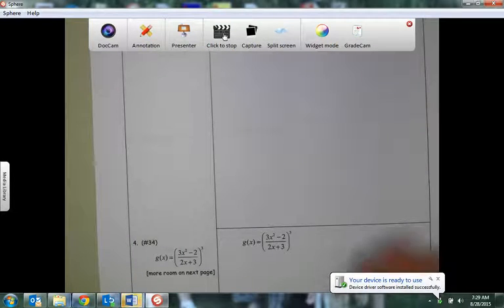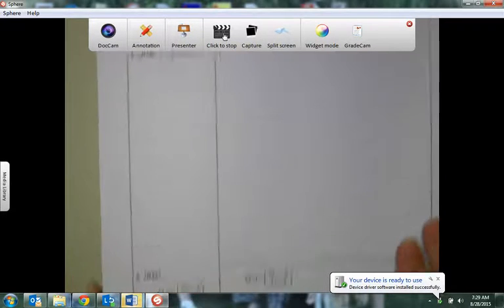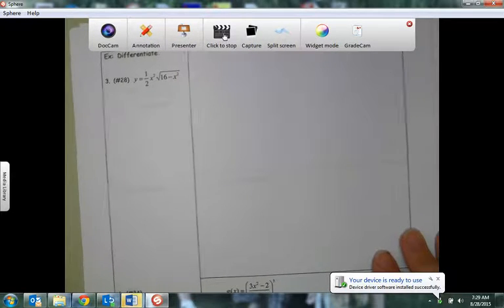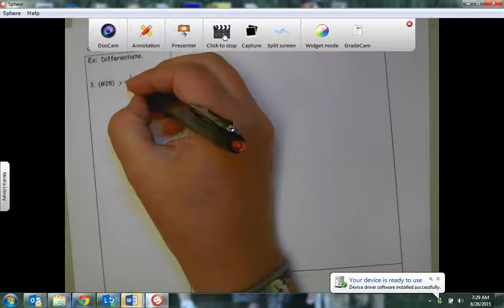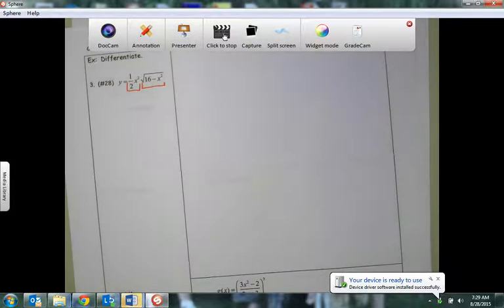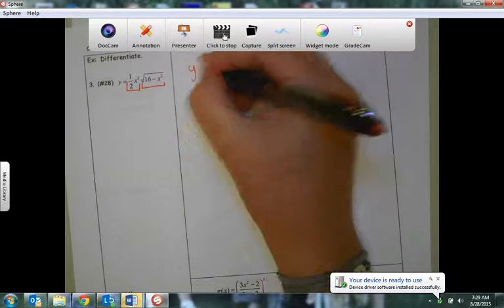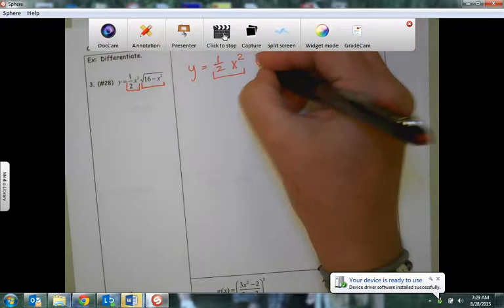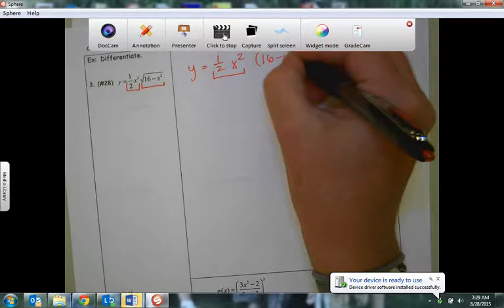Okay, now for this next one, 23, I definitely have to have two functions. I cannot rewrite this any other way than with the two functions. So as I'm dealing with this, I'm just rewriting it.